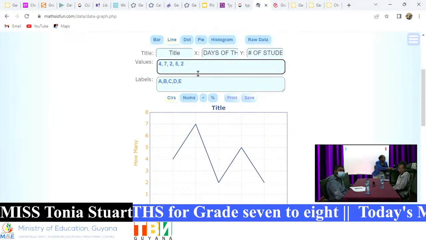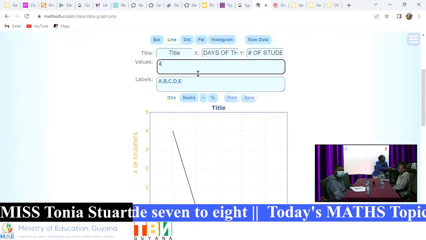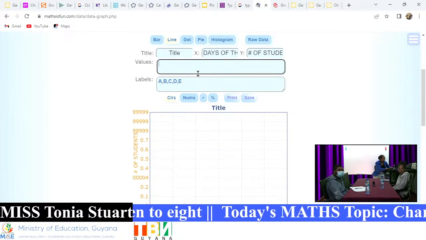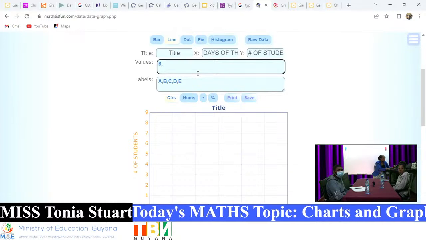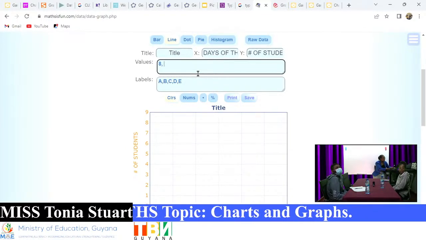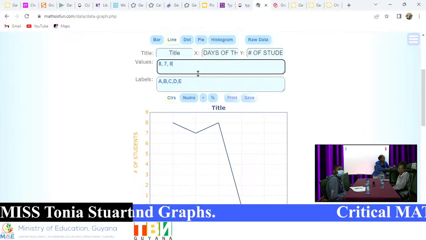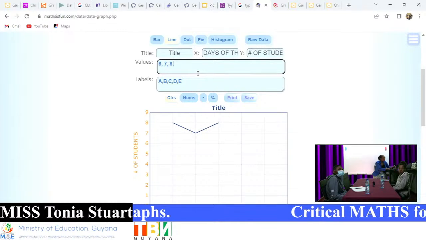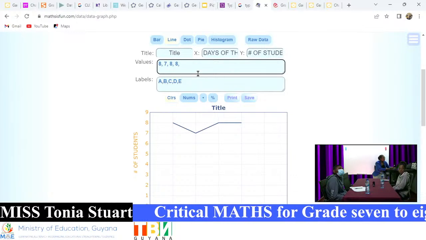This is a good class. This class has 8 students, and then 7 came the other day, 8 came, then 8, then maybe 8.